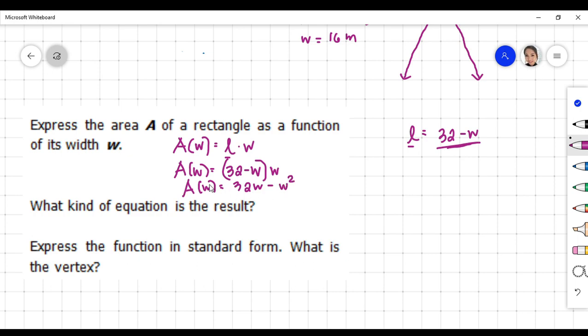So this is an area as a function of W. Okay. What kind of equation is the result? So basically that is a quadratic function.